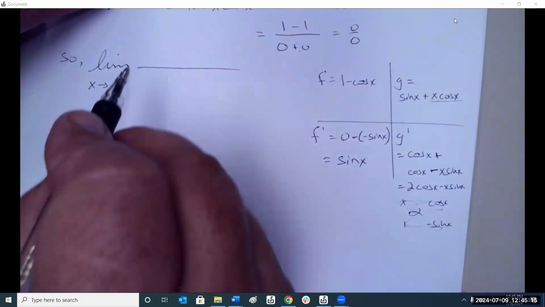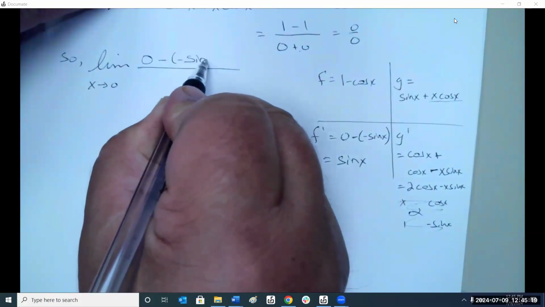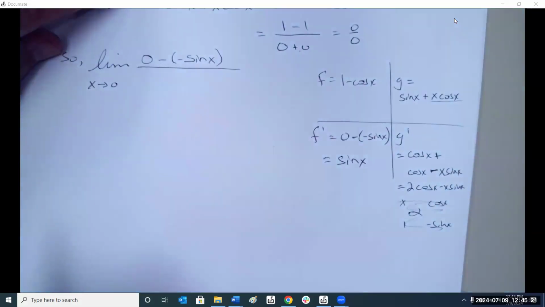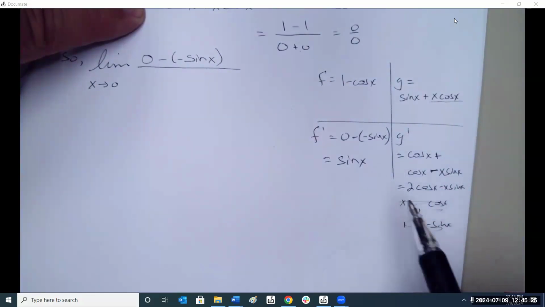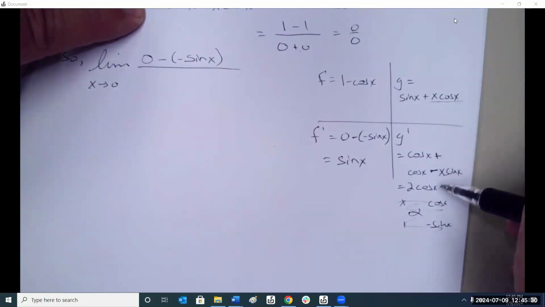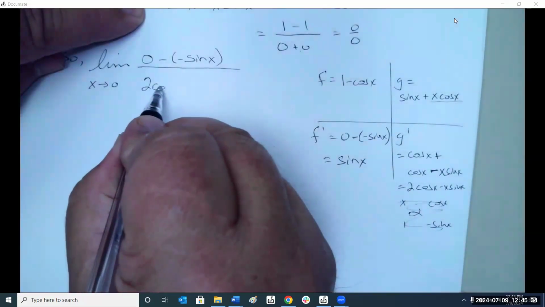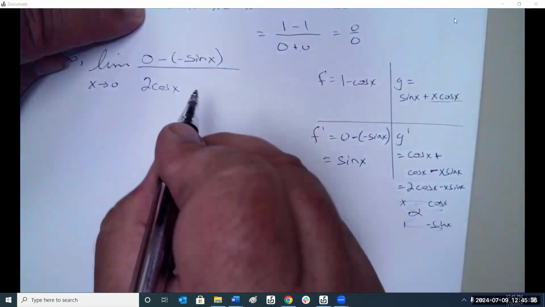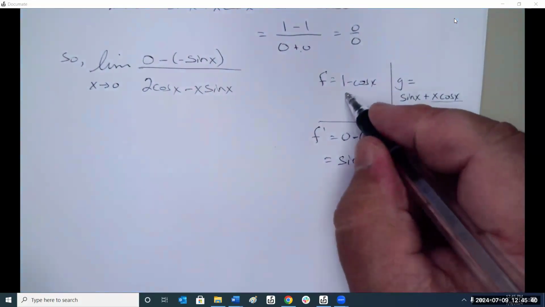So the derivative of the top is 0 minus negative sine. The derivative of the bottom is 2 cosine minus x sine. It was just straight down.